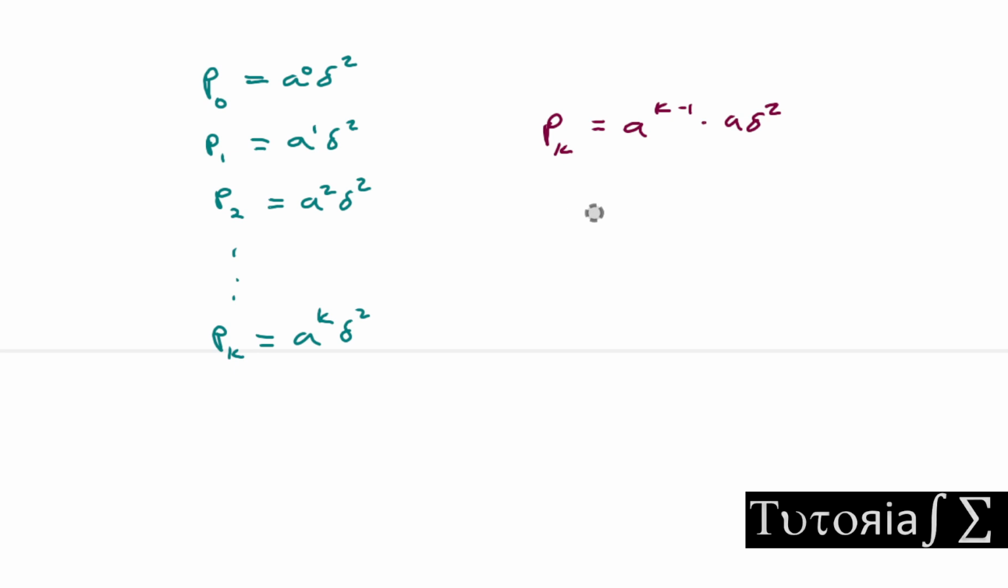So we see that row k is equal to a to the k minus 1 times row 1. All right. For k equal to 2, because we don't want to start at 0. We're going to have a negative exponent. We want to start at 2 so that we have 1 and so on. So k goes to 2, 3, 4, and so on. So basically that concludes our proof. See you in the next lesson.